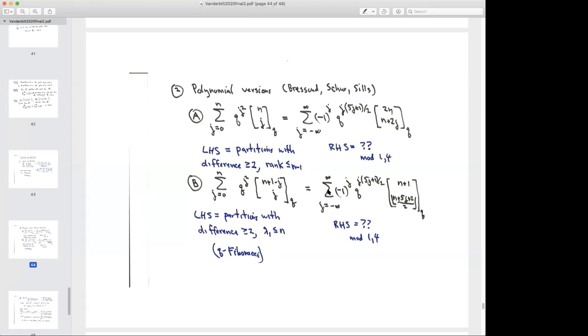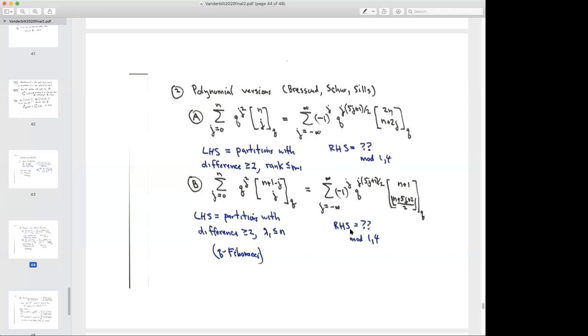Here's another set of polynomials. These are due to Schur, with a slightly different q-binomial coefficient. So this time, it's not the rank that's bounded by n, just the largest part is bounded by n. It's very simple: partitions with difference at least 2 and largest part at most n. And on this right side, how does the n come into the partitions 1 or 4 mod 5? We don't know.